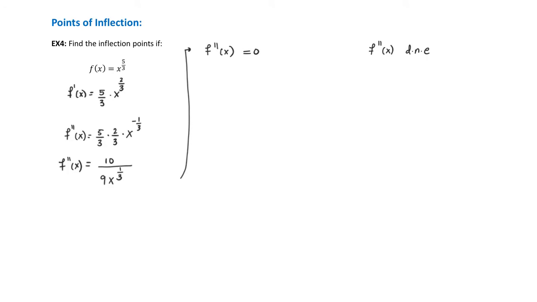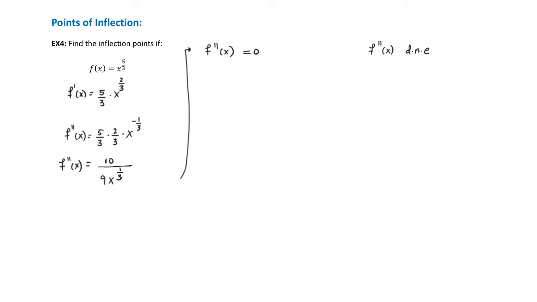So if I look at this expression right here, you notice that because the second derivative is a fraction, the only way that it will be equal to 0 is if the numerator is 0. But the numerator is just a numerical coefficient. It's just 10. There's no variable here. Then that means that the second derivative will never be 0.